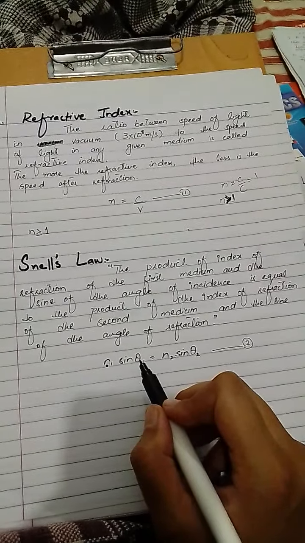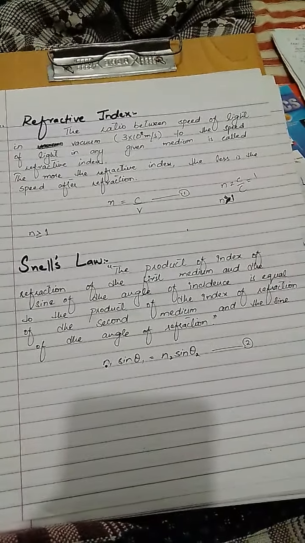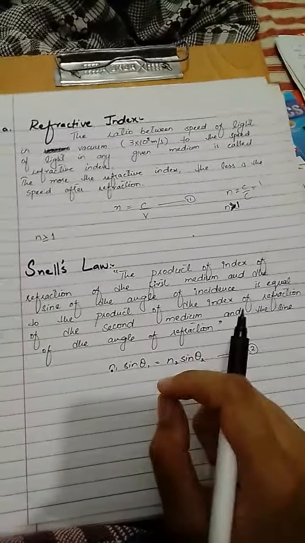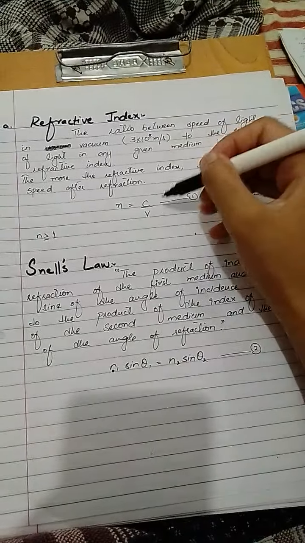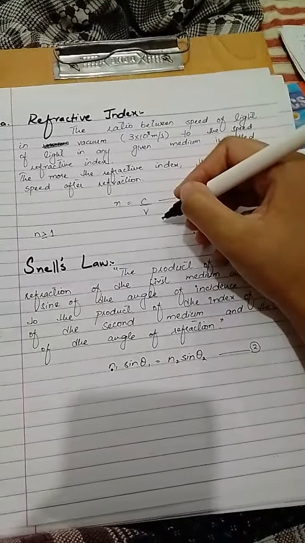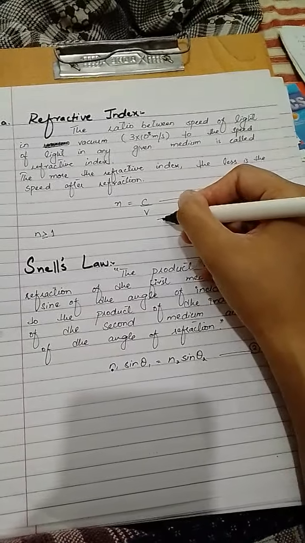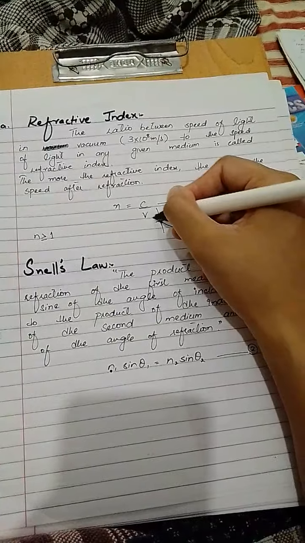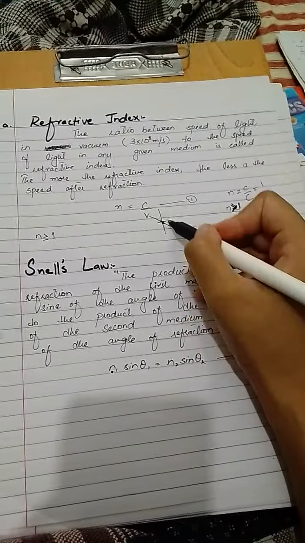Why would it decrease? Because the lower the speed of light in that given medium, the greater will be the angle of refraction.